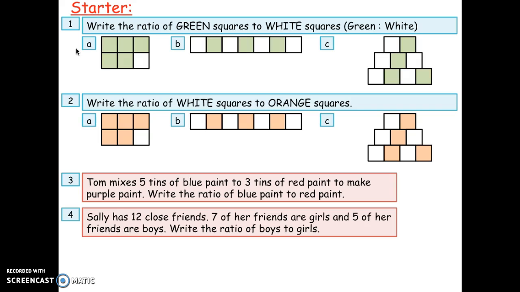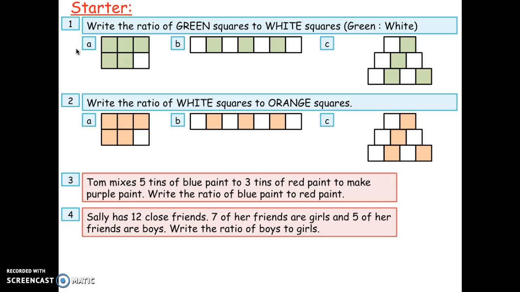Let us go from here. What I will ask you to do is to look at each of these and write the ratio. Let us look at number 1. Let us read our instruction. Write the ratio of green squares to white squares. What will you write for part A?